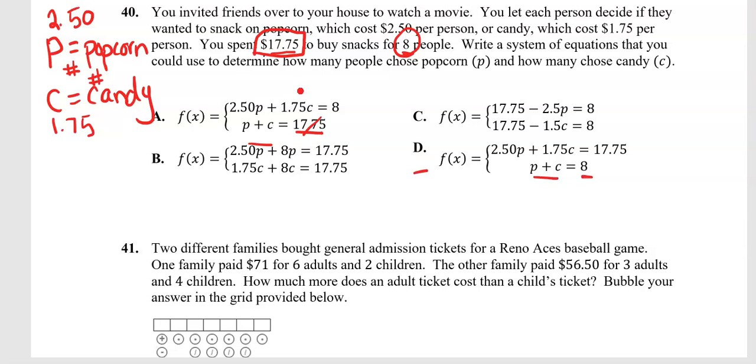The other thing is if I take the $2.50 per popcorn and I multiply it by the number of popcorns, plus the $1.75 times the number of candy, that should get me the total amount that I spent, $17.75. So this equation here for D should be the correct one, because if I buy this and this, I should get the total in cents. Given the information that we are given, this should be the correct equation.